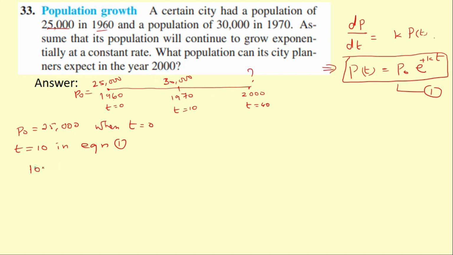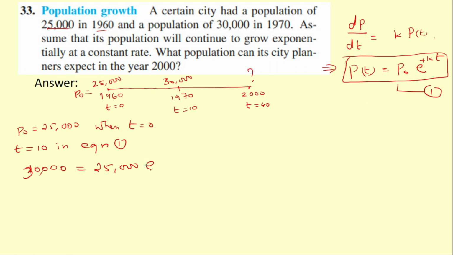So we put t is 10, P value is 30,000, P0 is 25,000. All information is given here, but the k value is unknown. That is what we are going to find using the information P0 and the P value when t is 10. We find the value of k and then use it to find the final one, population or time, whatever we want.